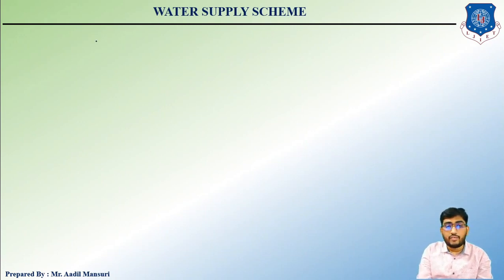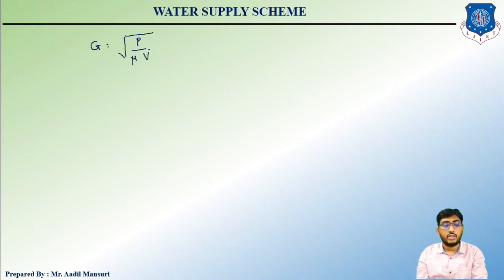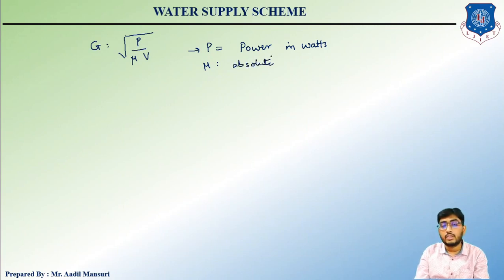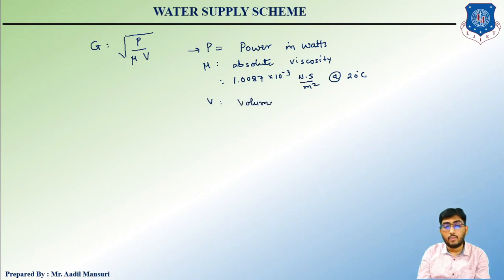For that we are given G equals square root of P upon mu into V, where P is the power in watt, mu is the absolute viscosity, and its value is 1.0087 into 10 to the power minus 3 Newton second per meter square at 20 degree centigrade, and V is the volume of water in meter cube.